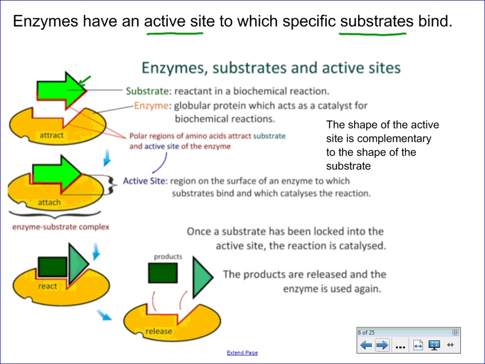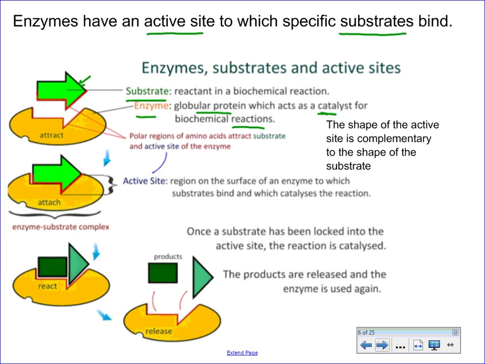The arrow is the substrate, and the substrate we can classify as the reactant in a biochemical reaction. The enzyme is a globular protein which acts as a catalyst for biochemical reactions. That enzyme is going to take that substrate and turn it into a different product or a different molecule.